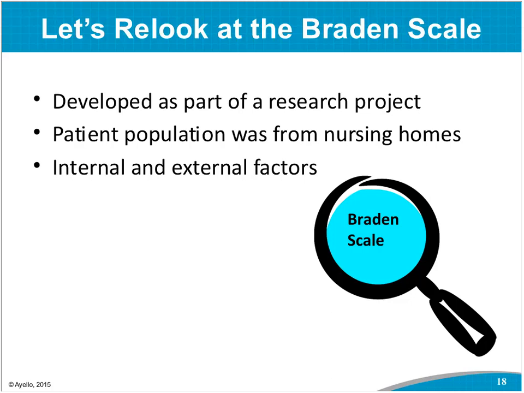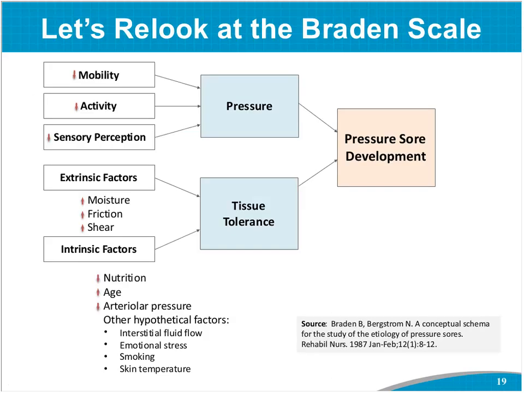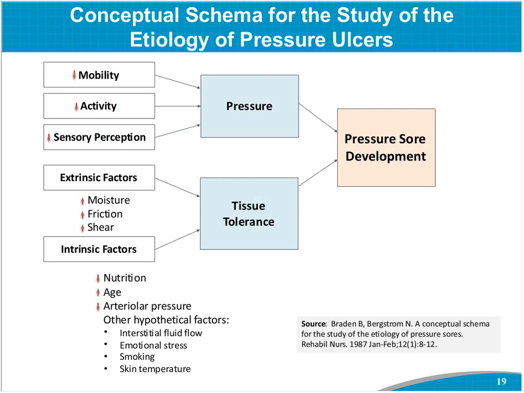And I'm sure you're familiar with probably the Norton, which is one of the oldest ones. And there was also a scale called the Gosnell scale because of the way that they looked at the internal and external factors. So she actually did a logistics study, and this is the original schema that Dr. Braden came up with for the etiology of pressure ulcers for the Braden scale. And I think it's always good to revisit things.